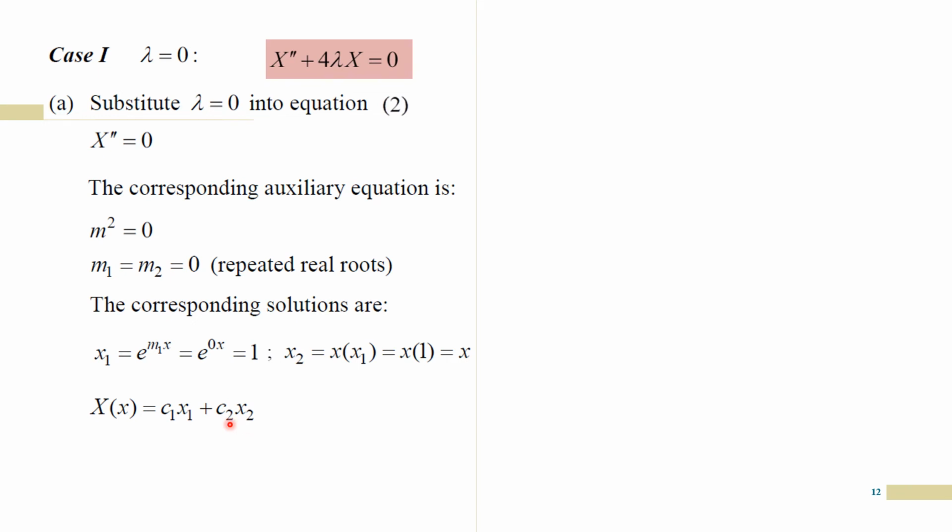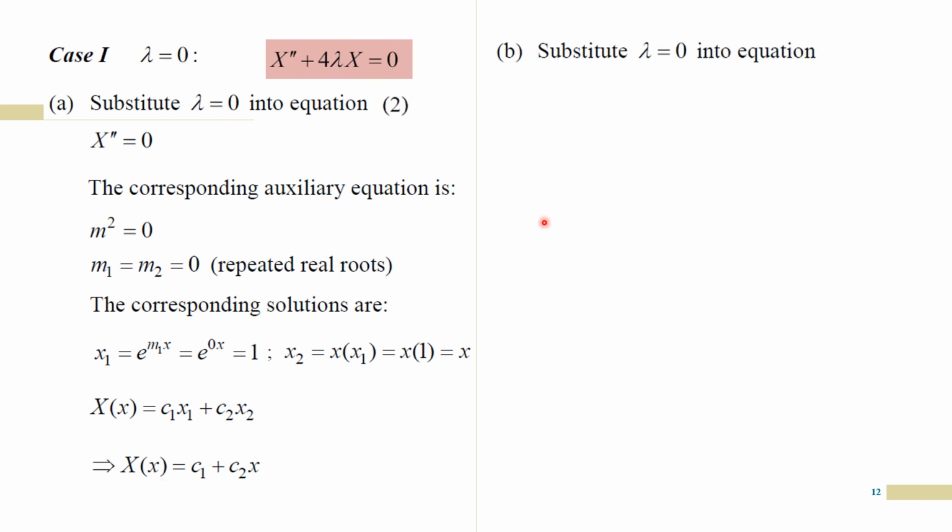Okay, take note that X is a function of x alone, and therefore the expression for the solution must only be in terms of x. So do not write c1Y1 + c2Y2. Instead, it should be c1X1 + c2X2. Okay, so in other words, X(x) is equal to c1 times 1, plus c2 times x. Okay, so this is the solution for the function X in terms of the variable x.